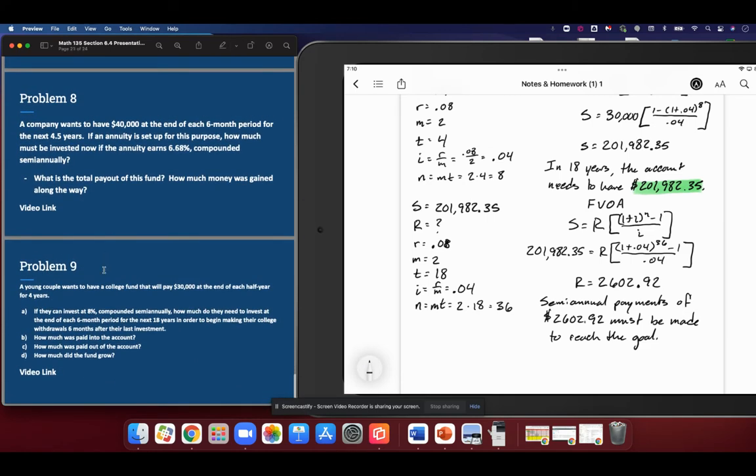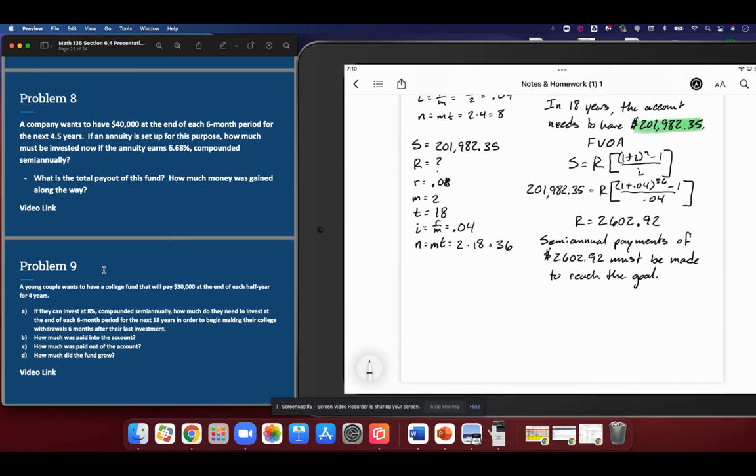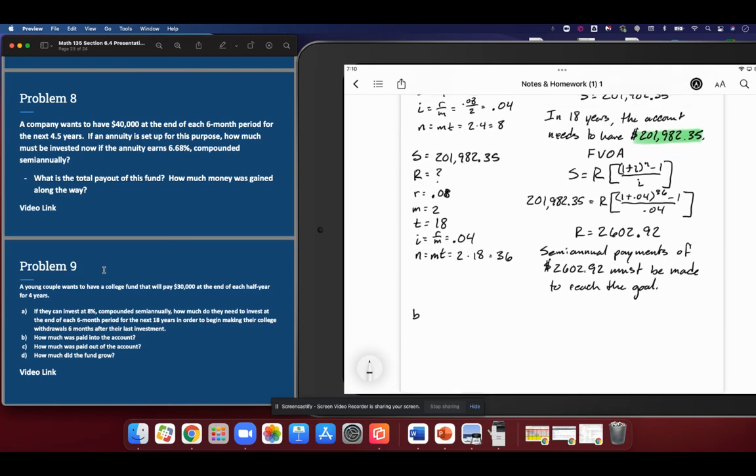Now let's consider some other things about this that are actually really interesting. For part B, how much was paid into the account? Well, we're going to pay $2,602.92 twice a year for 18 years. So pretty simple math there. 2602.92 times 2 times 18.